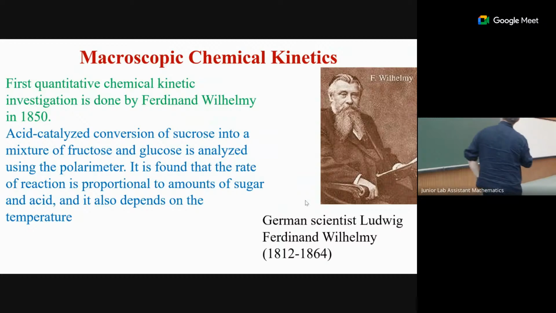So, macroscopic chemical kinetics. The first paper in quantitative chemical kinetics came in 1850, and it was written by this German scientist, who is over here. He used the acid-catalyzed conversion of sucrose into a mixture of fructose and glucose, and he used a very simple polarimeter, and he essentially quantitatively measured the change of concentration.